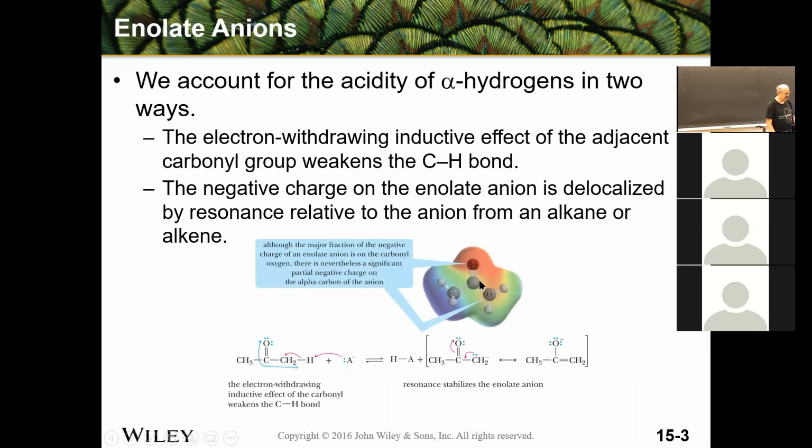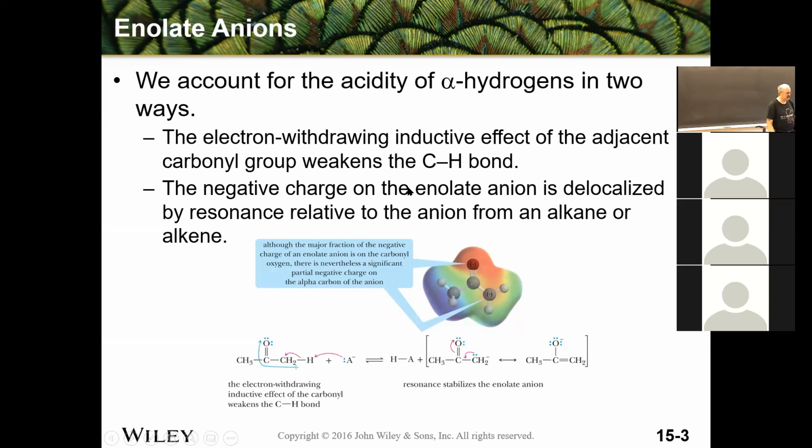Okay, so here's the electrostatic potential map. The major location of the negative charge is on the carbonyl oxygen. Okay, the electron withdrawing inductive effects of the adjacent carbonyl group weakens that CH bond.